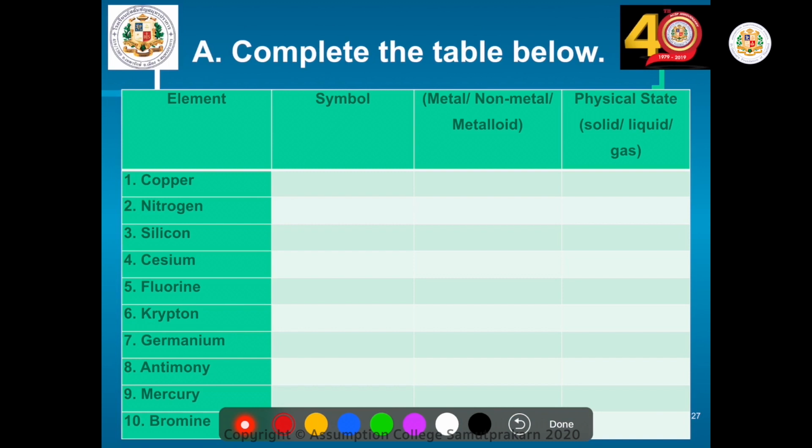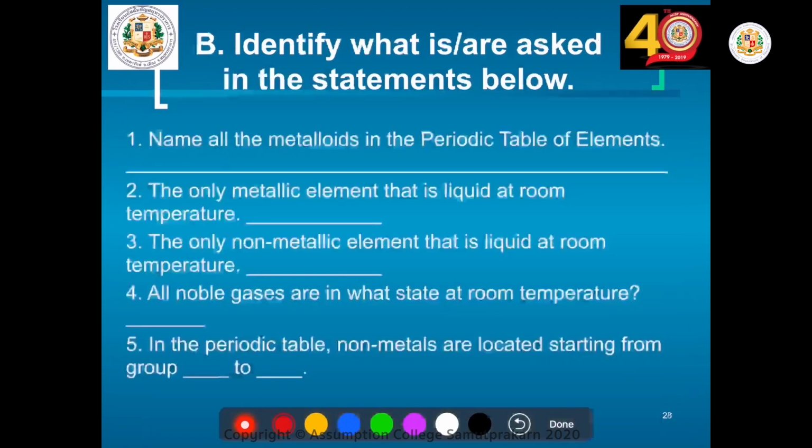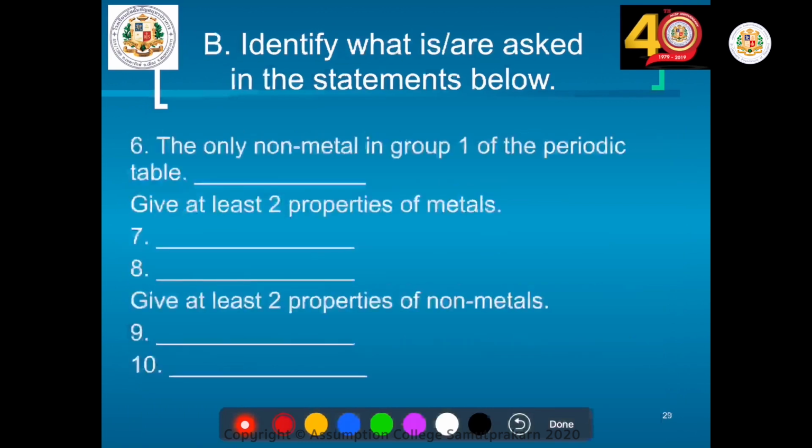You have to give its symbol, identify whether it's metal, non-metal, or metalloid, and finally give their physical state at room temperature. Part B is you have to identify again what is or are asked in the statements below. So we have 5 questions on this part and another 5 questions on the second part.